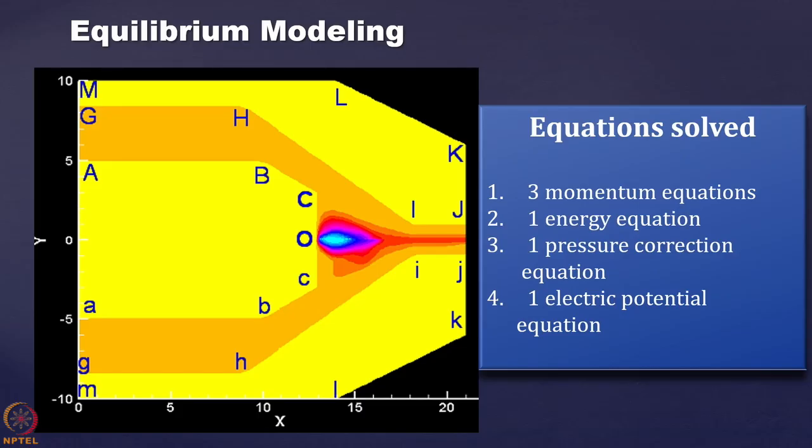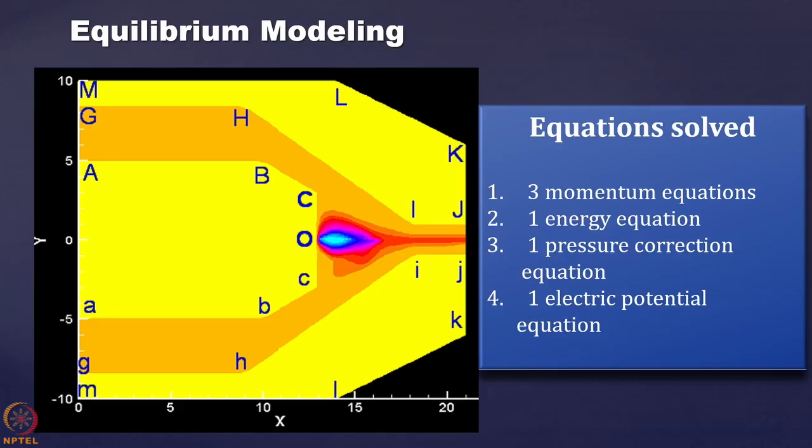Now I come to the equilibrium modeling. In equilibrium modeling, you are solving three momentum equations, naturally for the x, y and z components. Then only one energy equation. You are not distinguishing the electrons and heavy species; you are assuming the whole plasma as a single fluid.